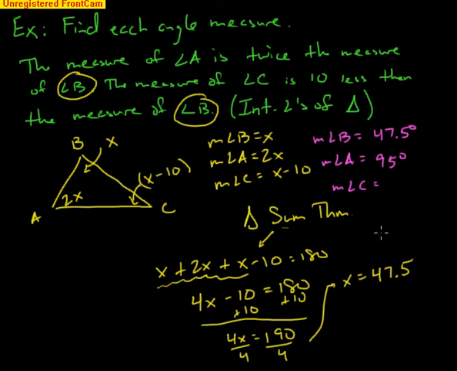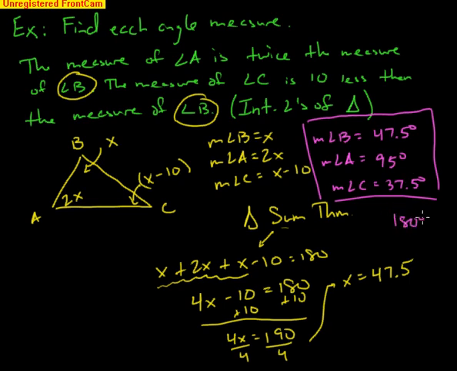And the measure of angle C is 10 less than x, 37.5 degrees. And if you add all those up, you should get that the sum is 180. And you do, and you're done. So that's it for Section 1. Section 2 video coming.